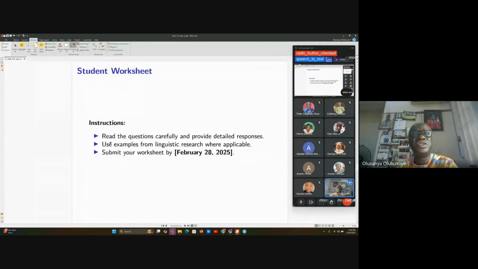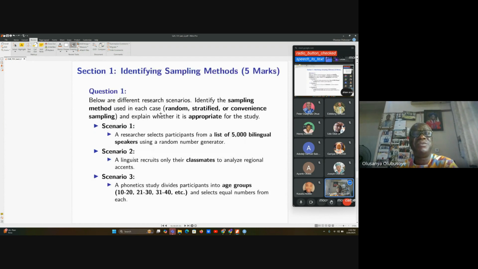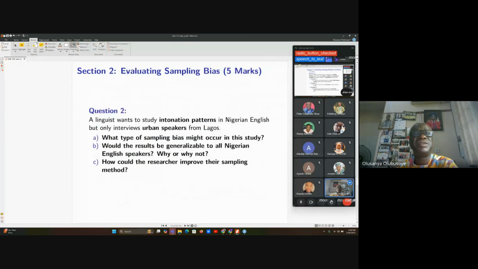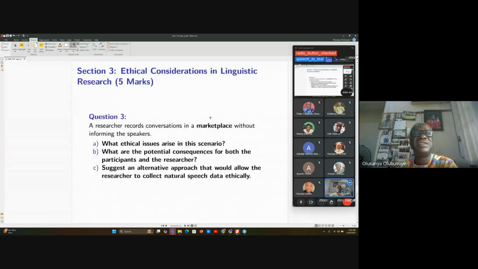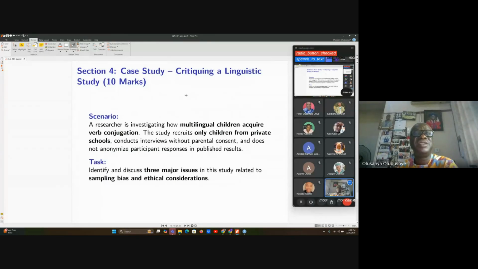I think there are a few more things. You have a worksheet. I put that in the classroom, so make sure you read and work on it. You have section 1, identifying sampling methods. Section 2, evaluating sampling bias. Section 3, ethical consideration in linguistic research.